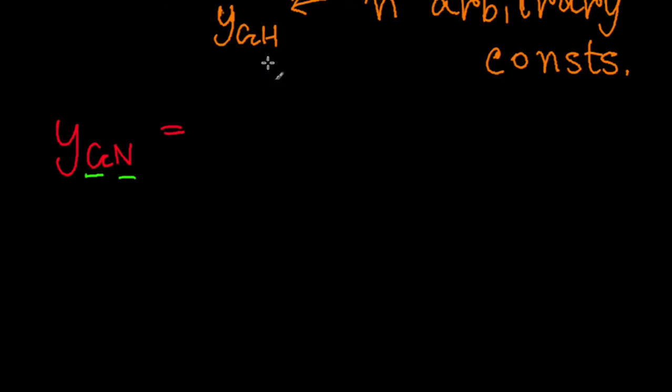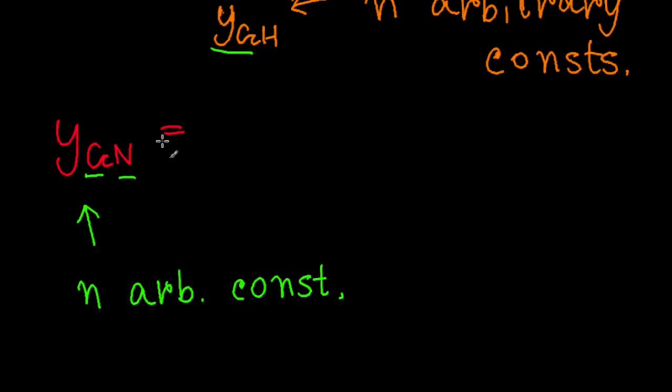How many constants is this supposed to have? It's supposed to have n arbitrary constants, as we discussed.